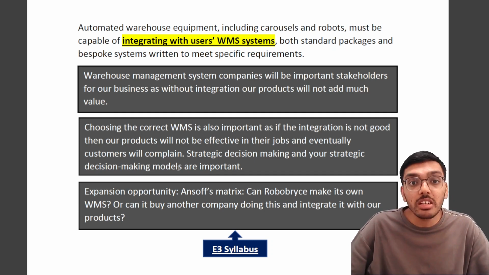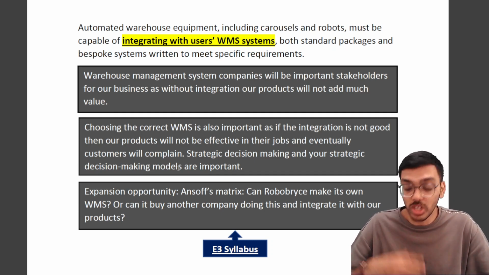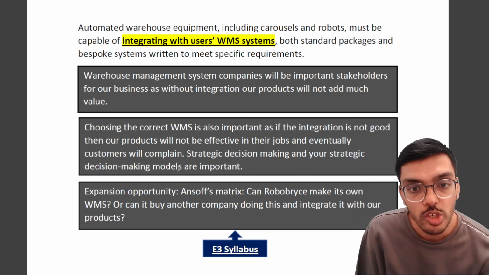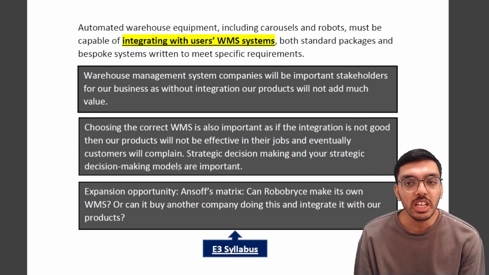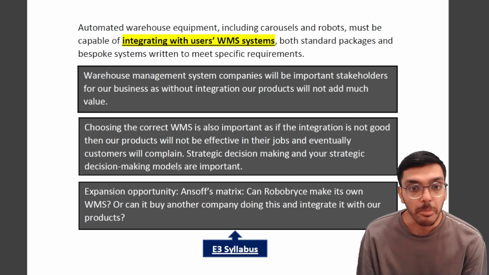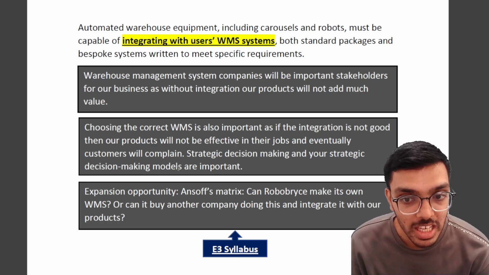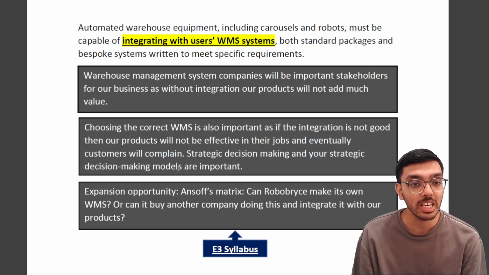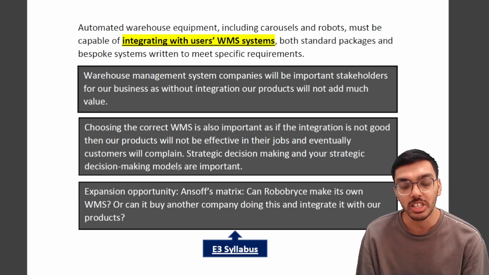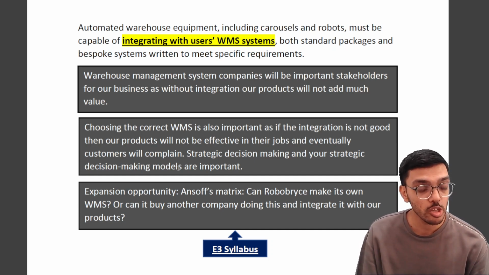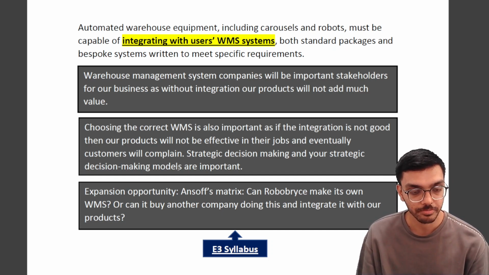Warehouse management system companies develop the system. So choosing the correct WMS is also important, as if the integration is not good, then our products will not be effective in their jobs. Strategic decision making and your strategic decision making models are important here, making the right strategic choice. This is in your E3 syllabus.